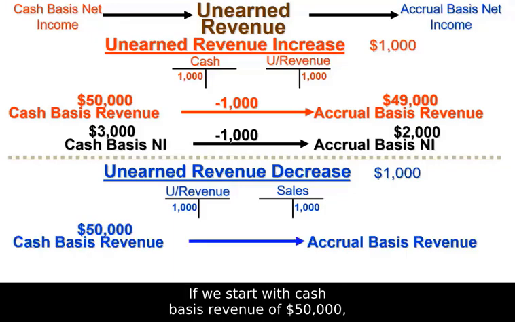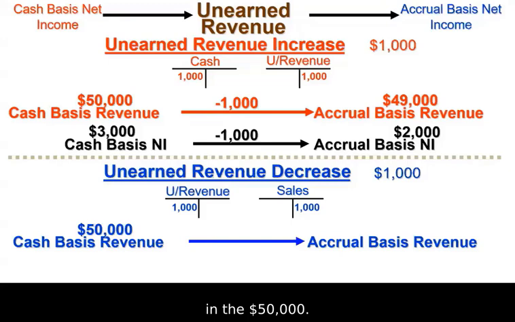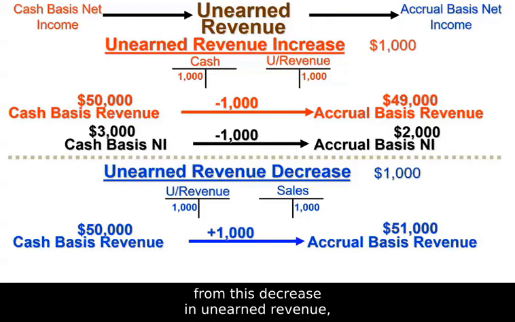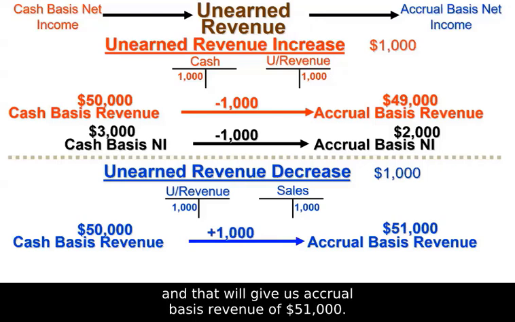So if we start with cash basis revenue of $50,000, this $1,000 of additional revenue is not included in the $50,000. And so we'll add an additional revenue of $1,000 from this decrease in unearned revenue, and that will give us accrual basis revenue of $51,000.